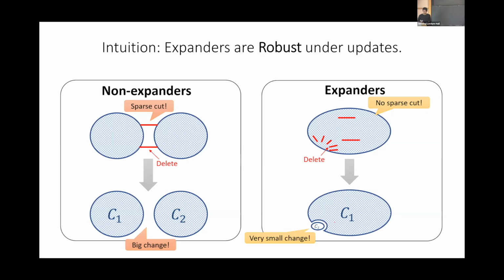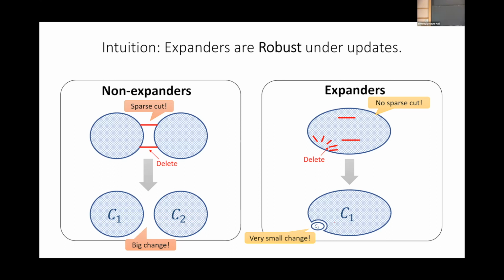So the intuition that you should have about expanders is that they are robust under updates. Because if the graph is not an expander, then there can be a sparse balanced cut, such that if you just delete a few edges here, then the connected components separate, and this is a big change.